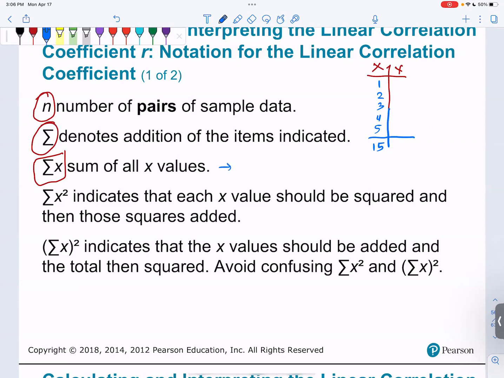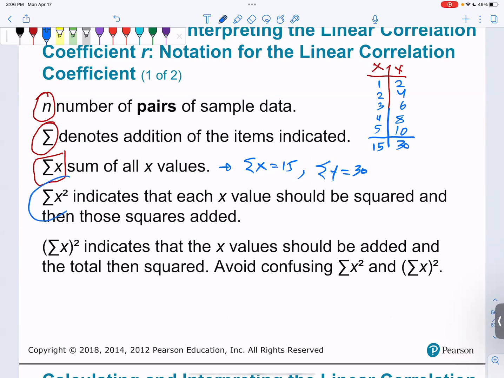Then we can say summation of X equal to 15. And for example, 2, 4, 6, 8, 10, and then we say summation of Y equal to 30. We have 10, 20, 30, for example, right?